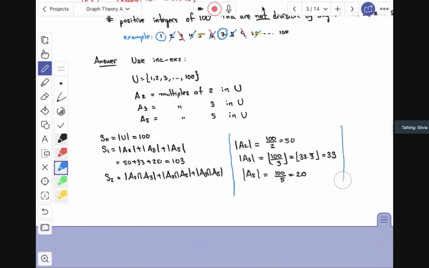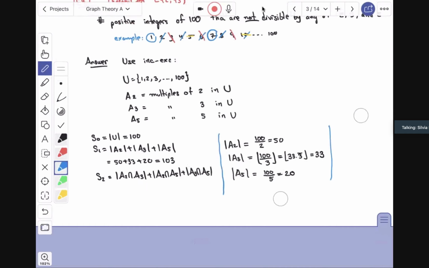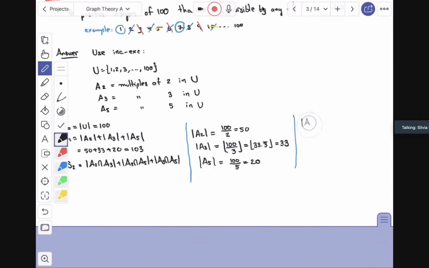And to figure out the sizes of those, A2 intersection A3 are actually the multiples of 6, right? They need to be multiples of 2 and 3 at the same time. So this is just going to be 100 divided by 6 and take the floor, which is 16.